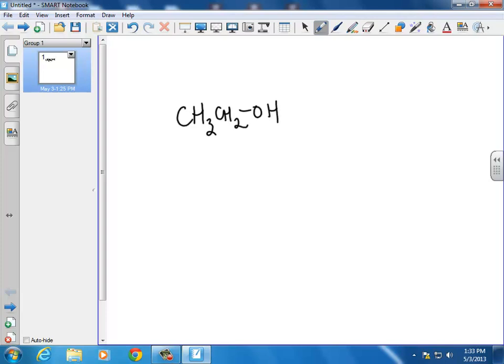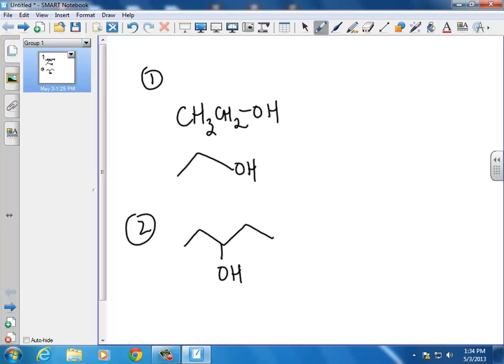We'll draw bond line formulas for this compound. This would be example 1, example 2. Go ahead, draw a bond line for it. Then we'll draw the structural formula.